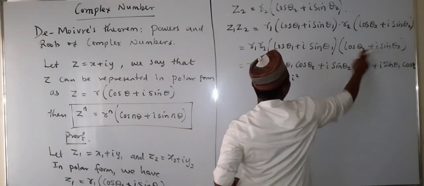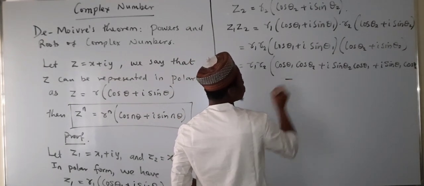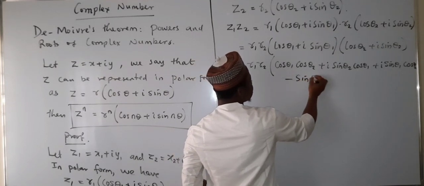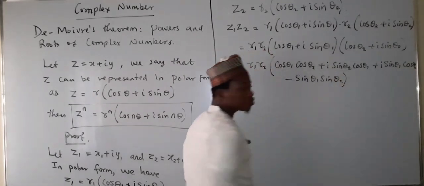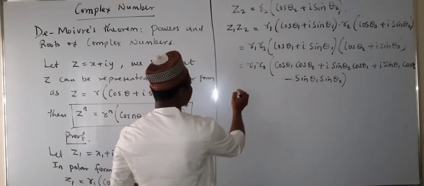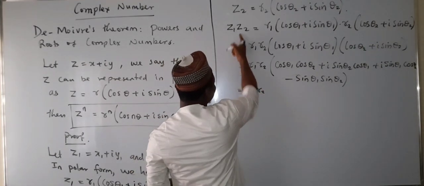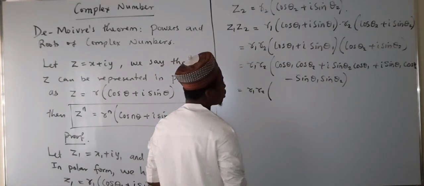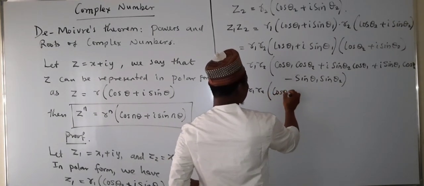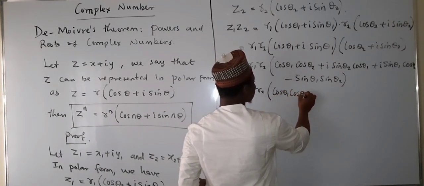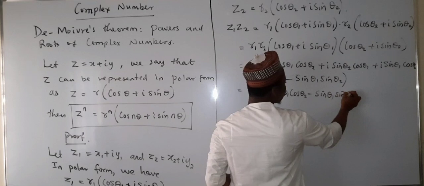This is i times i, which is i squared, and i squared is minus 1. So we have here minus sin theta 1 sin theta 2. So we close this. Then we have z1 z2 equal to r1 r2, open brackets, cos theta 1 cos theta 2 minus sin theta 1 sin theta 2.